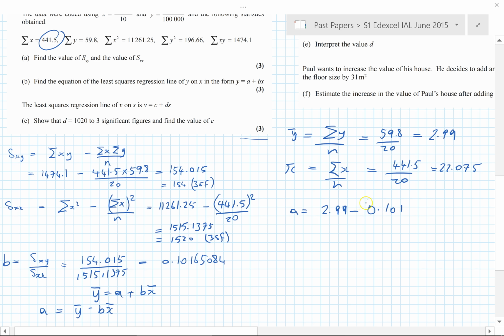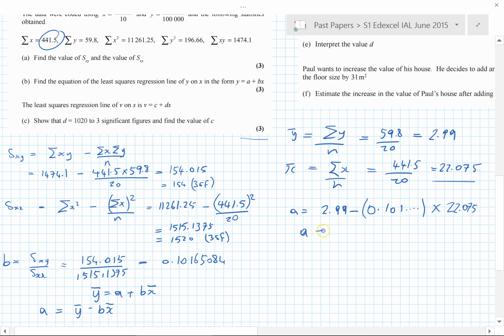You don't have to write it all out in your formula, but do use this complete answer, or at least enough significant figures, times this number here, x bar, 22.075.